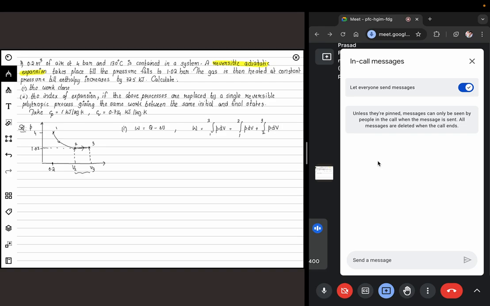For a reversible adiabatic expansion, our process equation is PV to the power gamma equal to constant. For air, we can take gamma to be 1.4. This is very similar to your polytropic expansion, the only difference being that the index of expansion is gamma instead of the value of n here. So you can take n to be 1.4. So what is the work done in process 1 to 2?